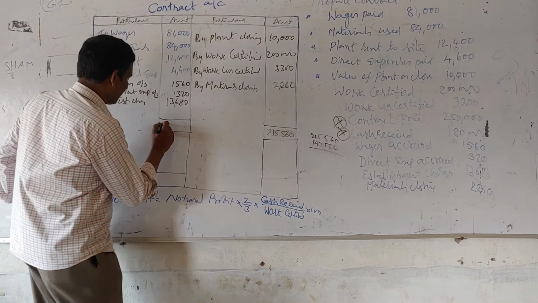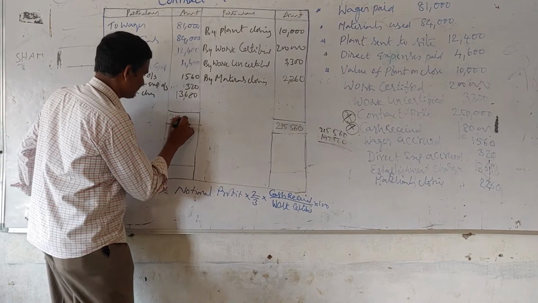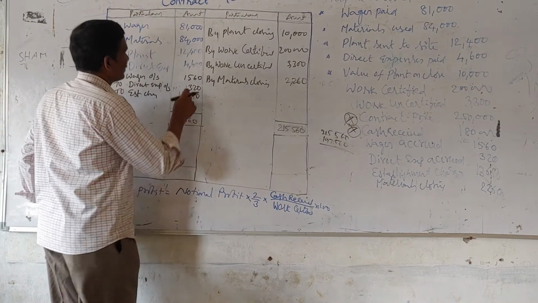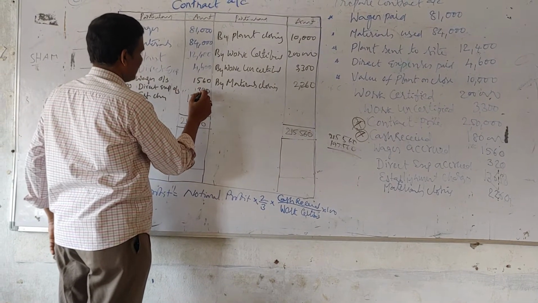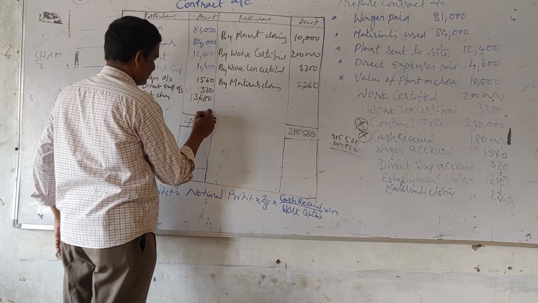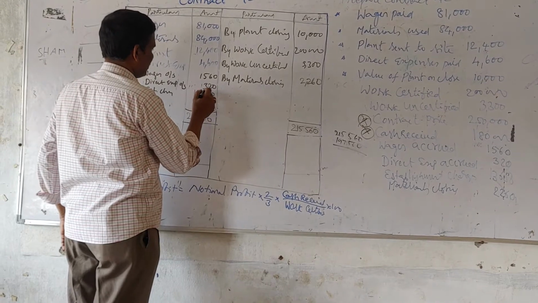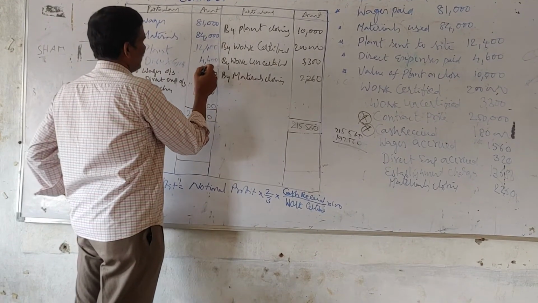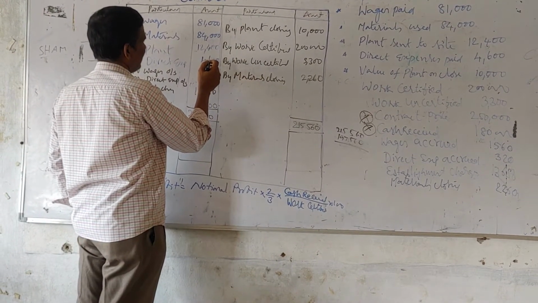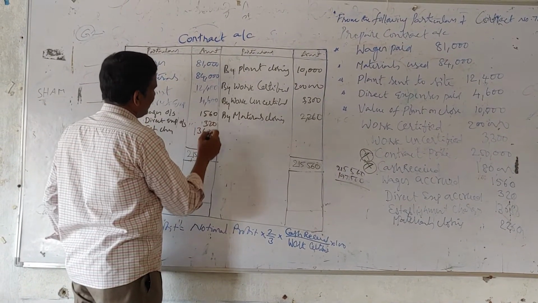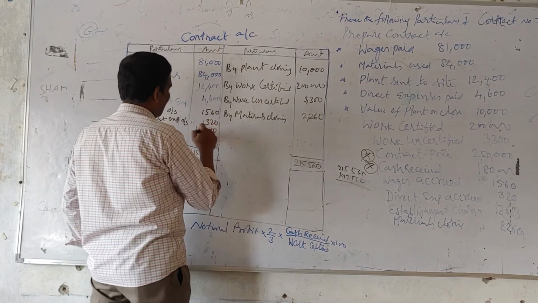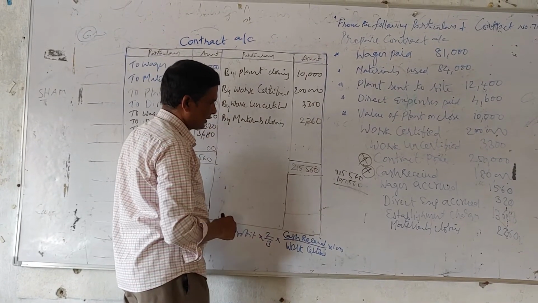Then from 2,15,560, less all these things. When you add all these things, you will get 1,97,560.